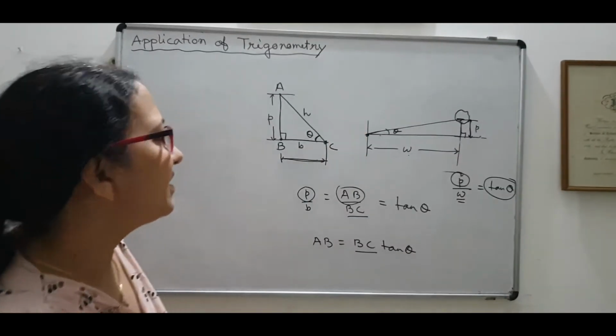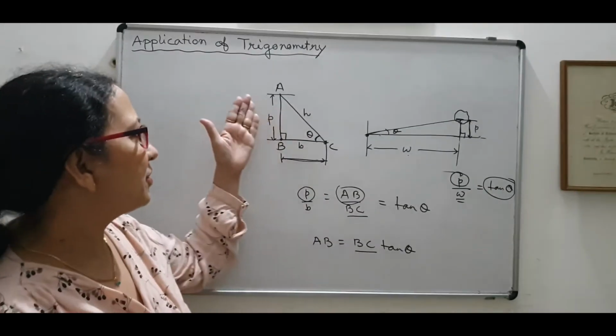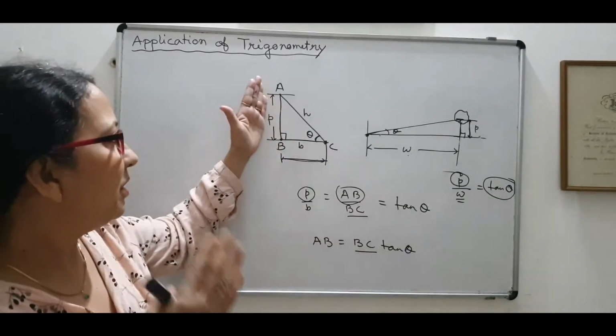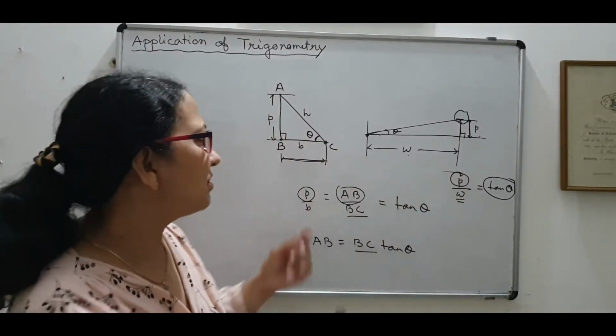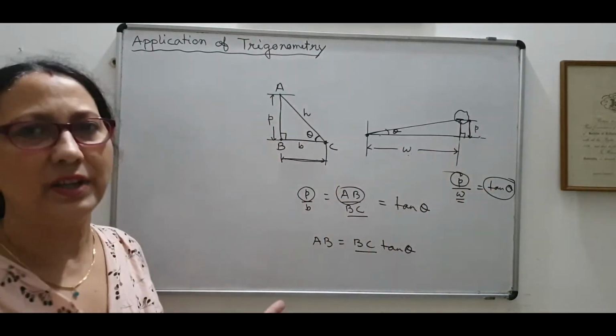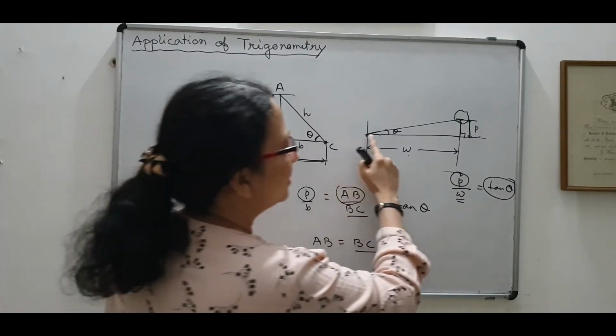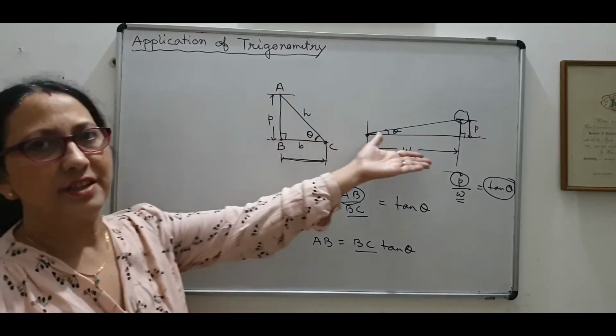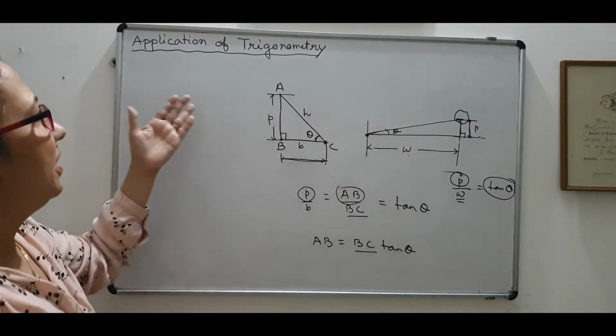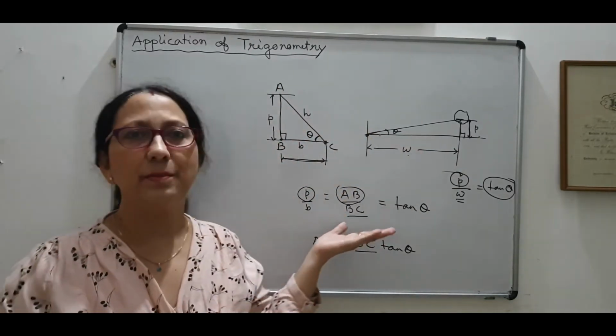So these are the indirect ways of measuring the height of a tall building or tower, or the width of a river, that is, unknown distances or unknown heights. Height and distance can be measured with the help of trigonometry.